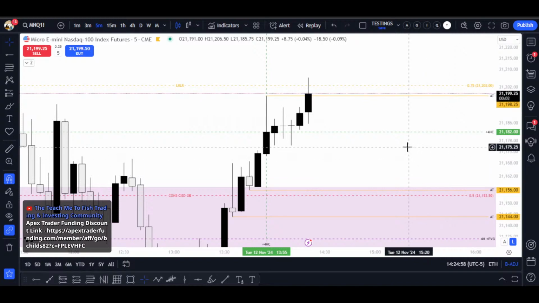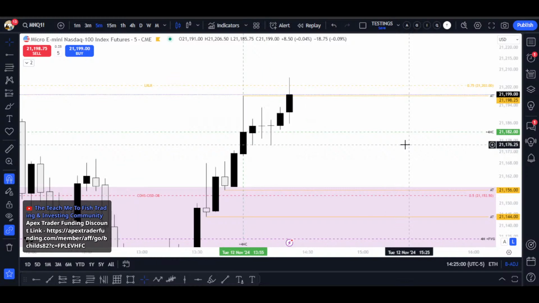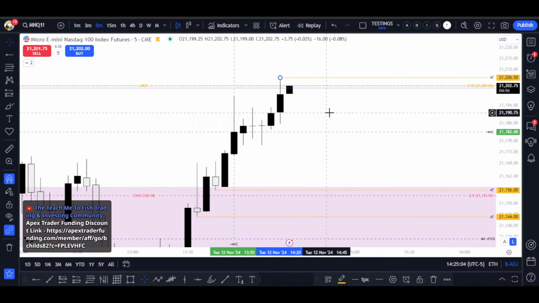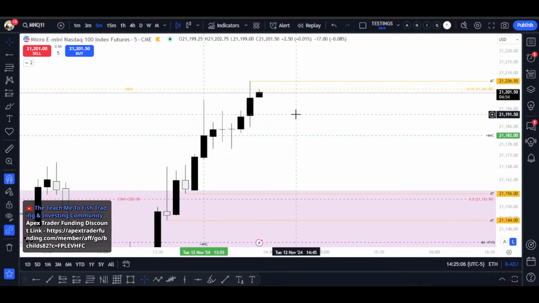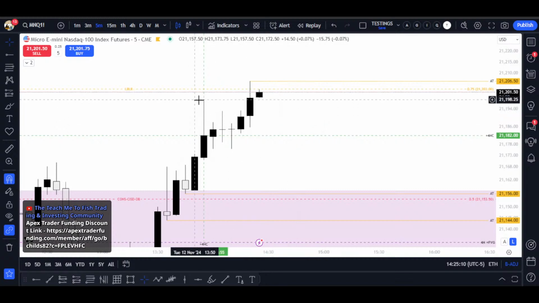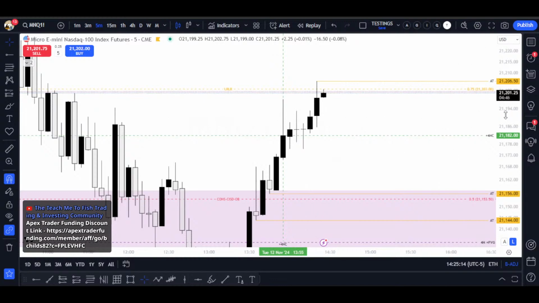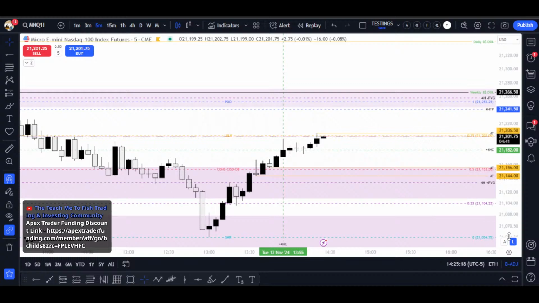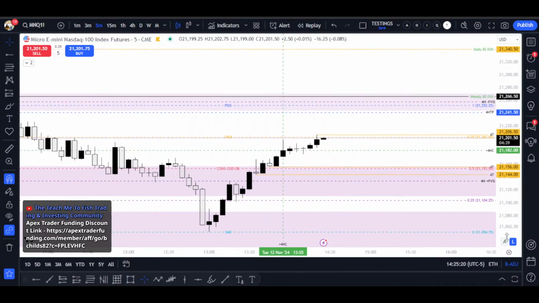See how this closes in two, one. All right. So this is the new algo target. It also closed above this swing high. So it looks like the market maker buy model is playing out.